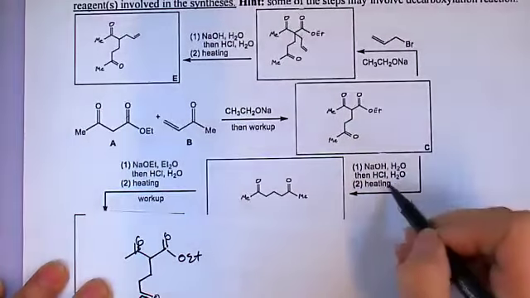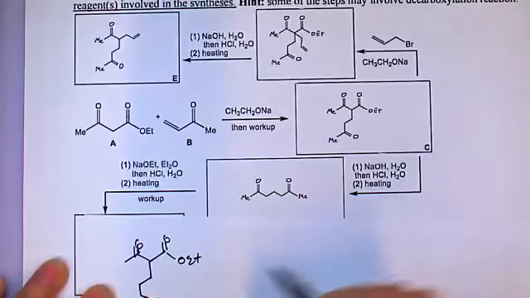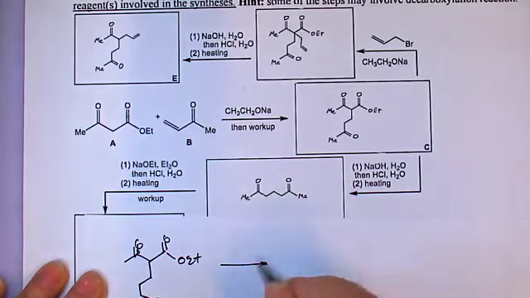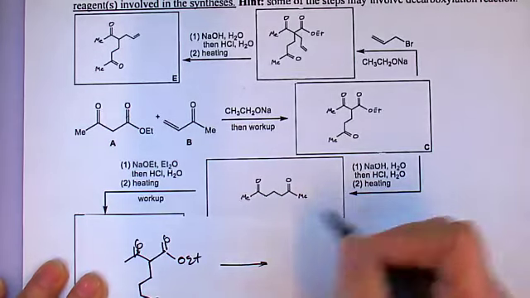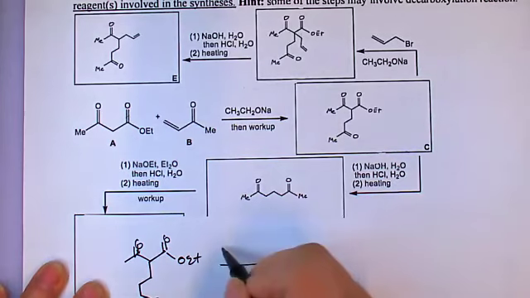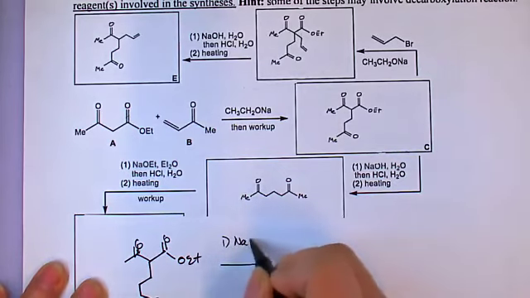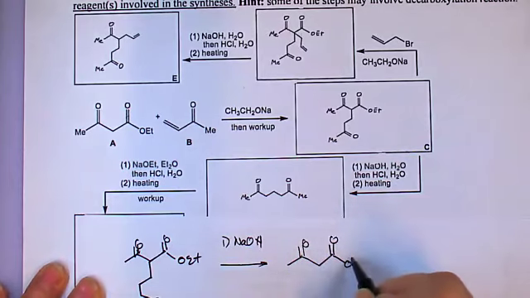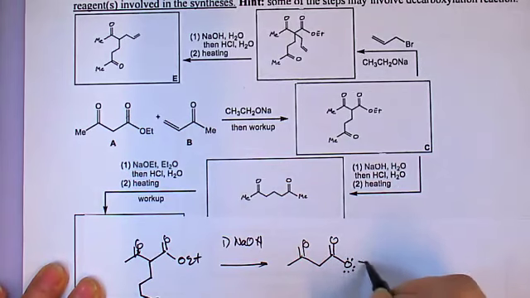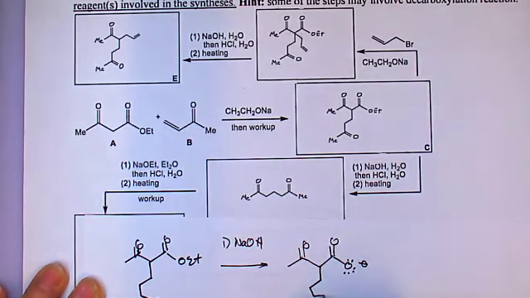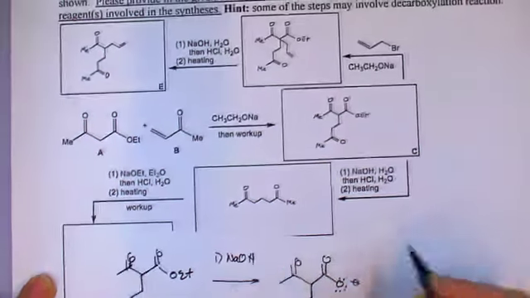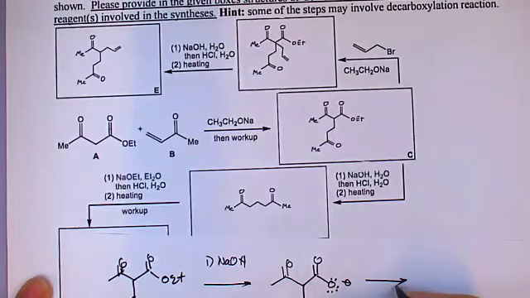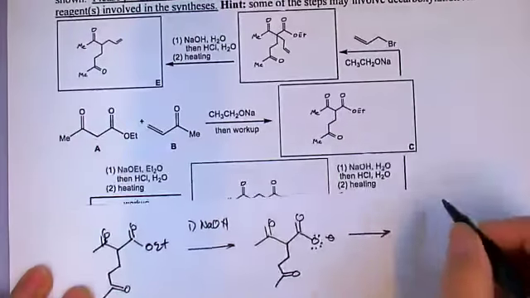And again, treating it with, if you want to go step by step, after treating that with NaOH, this two will become a carboxylate. And then, of course, you treat it with hydrochloric acid.